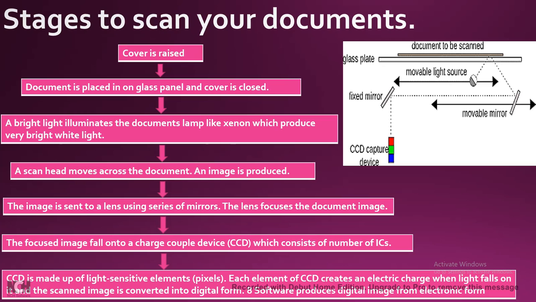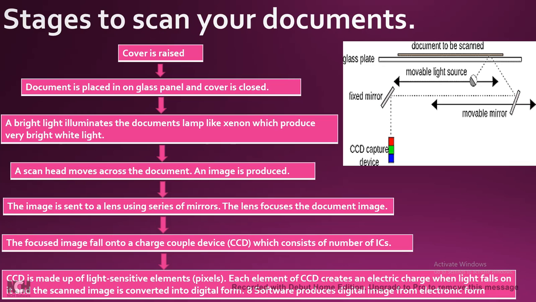Now the lens focuses the image, and after that comes the CCD. What is the function of the CCD? The CCD, charge coupled device, is a circuit that is used to determine what is on the image, maybe text or maybe any photo.